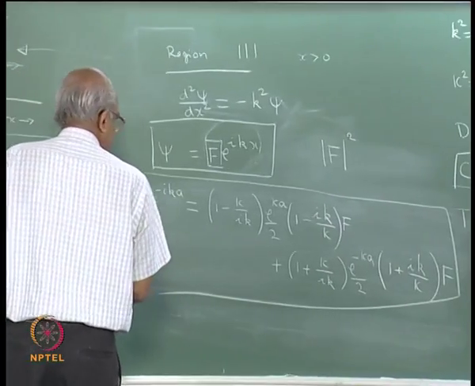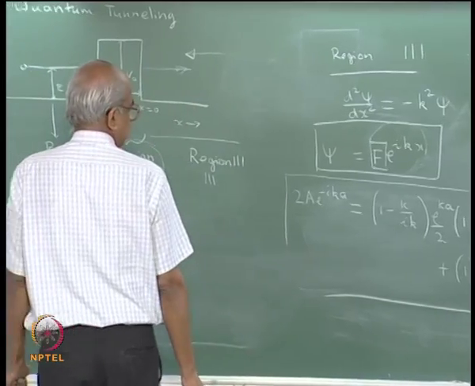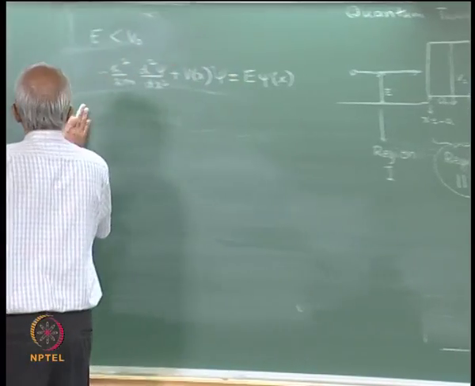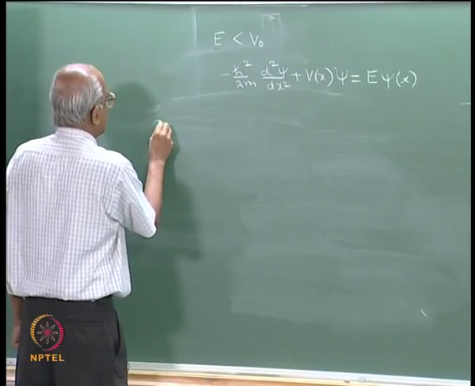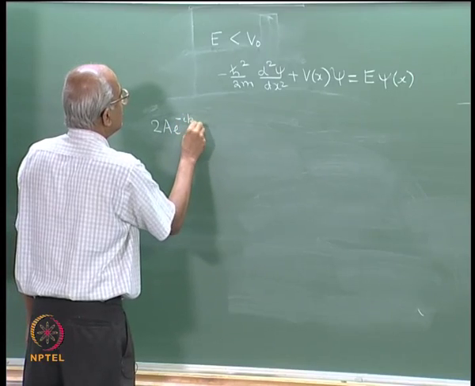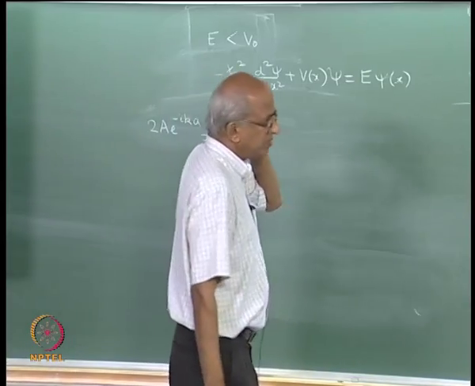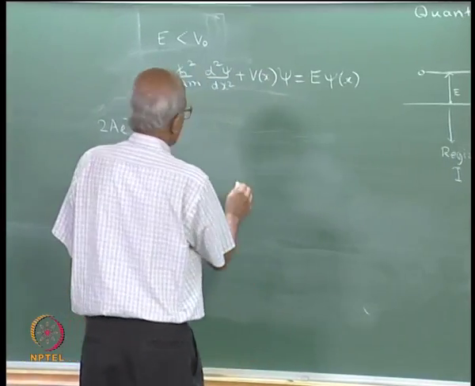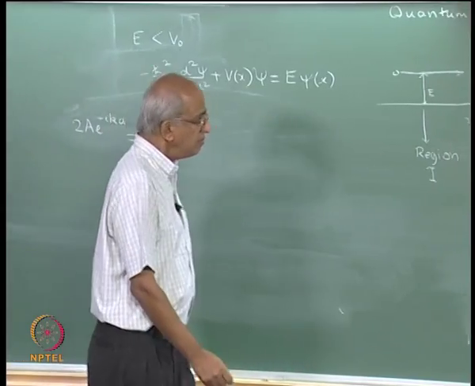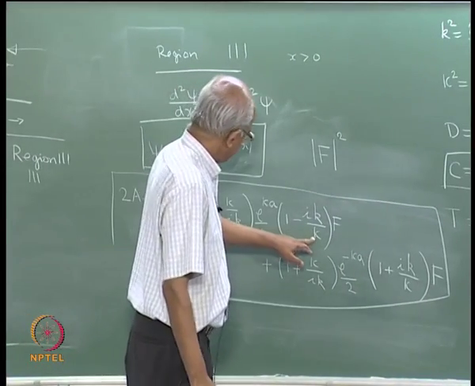So, what would be the expression? To get that expression, what I will do is keep the left hand side as it is, and the right hand side I shall make some simplifications. F is common throughout, but you notice that there is an ik here, there is a kappa there.